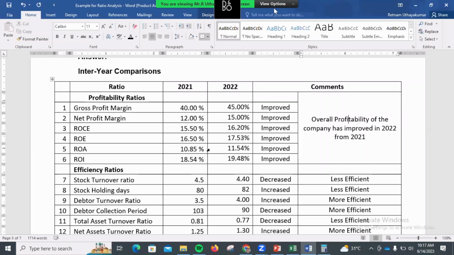If you write comments in favor of the company's improvement, you must have the majority of these indicators supporting your argument. If it is below 50%, you can argue that it should be more than 50%. Right? So with that in mind, you can write your comments.